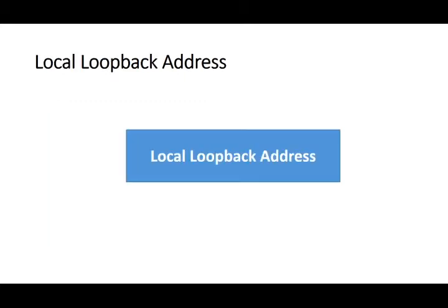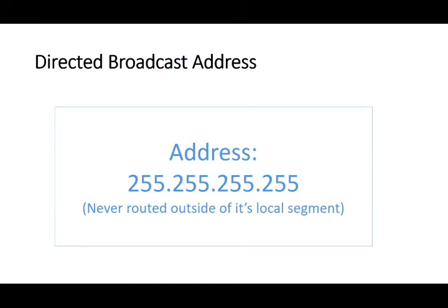Next, we have the local broadcast address. The local broadcast address is used if a single device wants to communicate with all devices on its local network, but it doesn't want the traffic to be routed to the directed broadcast address. In this case, we send it to the address of all ones. The address would be 255.255.255.255.